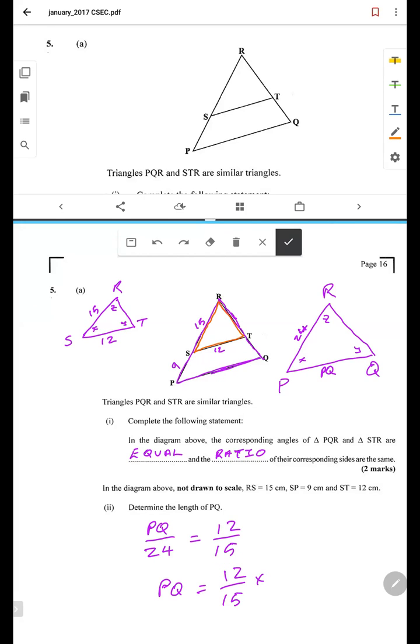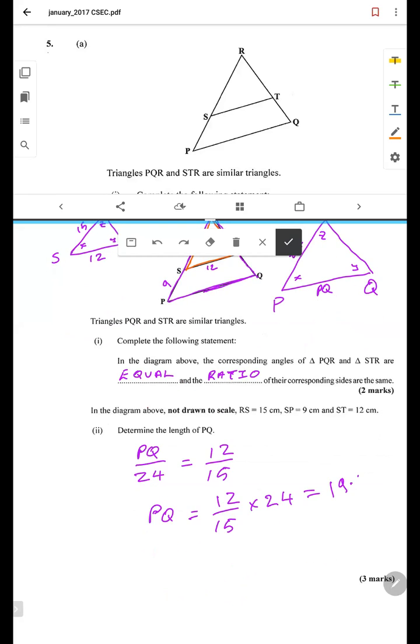It's like you multiply both sides by 24, and you're going to get PQ. As simple as that. 12 divided by 15 times 24 equals 19.2 centimeters. And basically that is what PQ is.